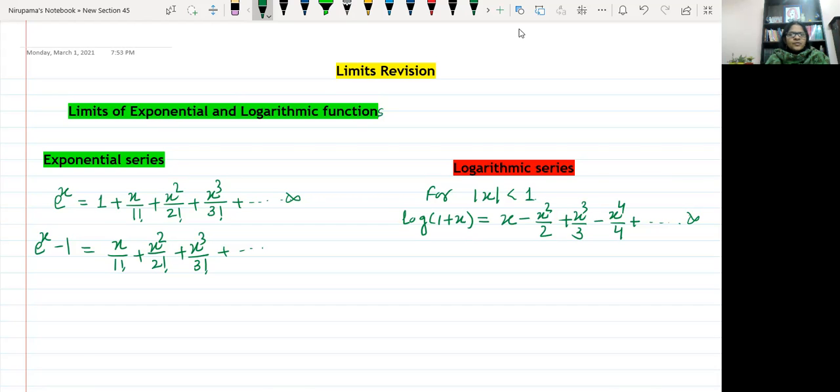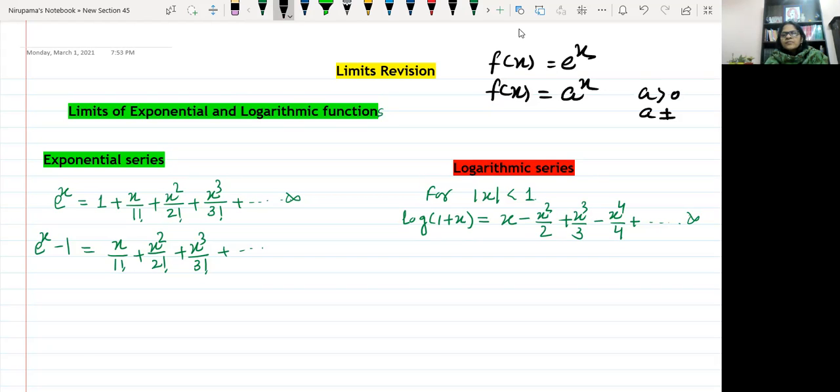Okay, so I am going to introduce the exponential series and the logarithmic series, and both are infinite series. So as you can see, the exponential function is f(x) = e^x, or f(x) = a^x, a greater than 0 and not equal to 1.